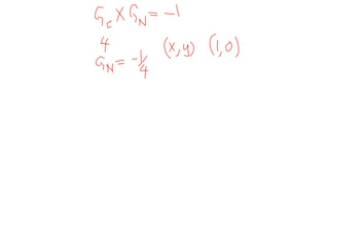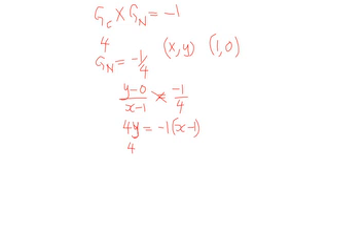We have a general point x, y and a point which is 1, 0. Now y minus 0 over x minus 1 equals negative 1/4. So we cross multiply, we will have 4y equals negative 1 into x minus 1.